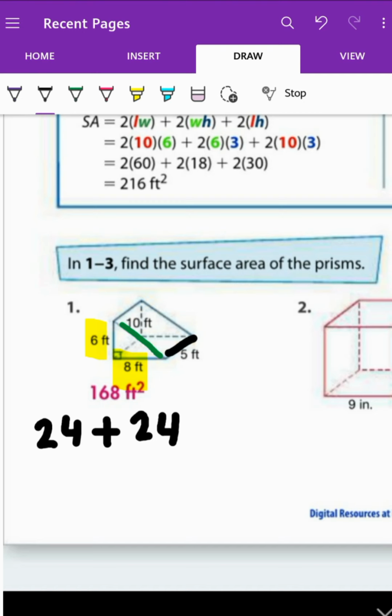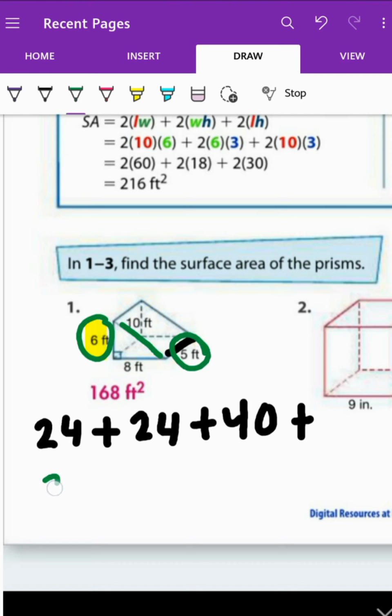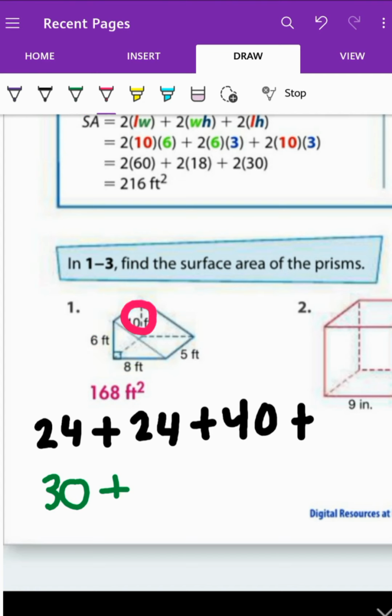Let us start. 8 by 5 gives me 40, plus. We are done with the 8. What is the next? Yes, the 6. 6 by 5, 30. What is the next? 10 by 5, it is 50.